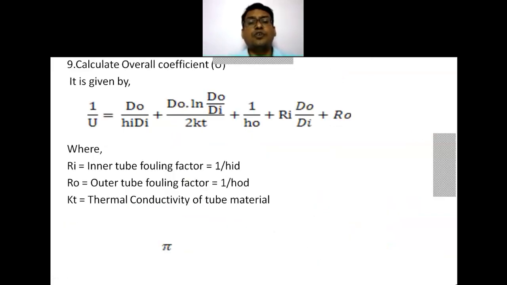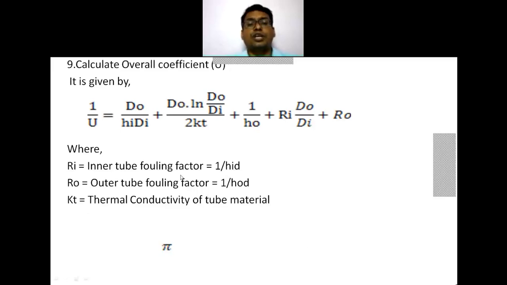Then the calculation of the overall heat transfer coefficient, in which we have to take into account the inside heat transfer coefficient based on the outside surface area, U_O. 1 upon U_O, that is why we multiply by D_O upon D_I for the inside heat transfer coefficient, and D_O upon D_I for the resistance, or 1 upon h_id dirt factor.